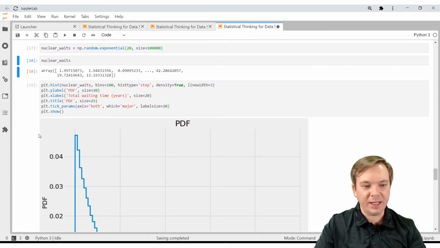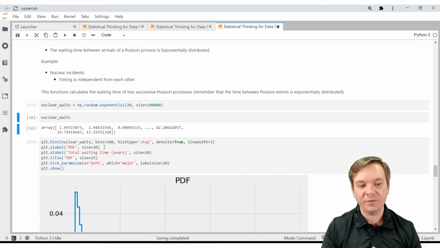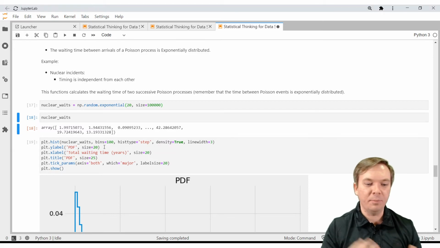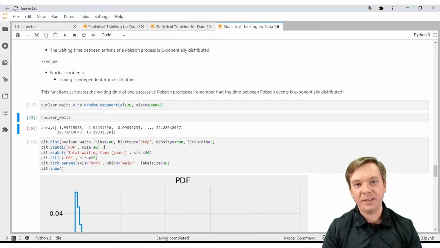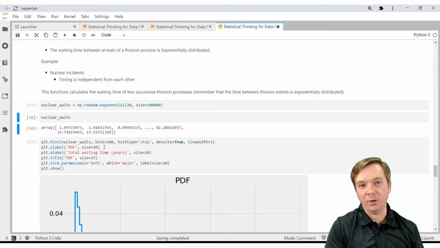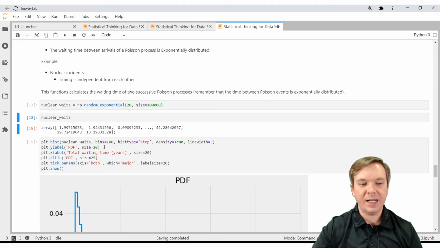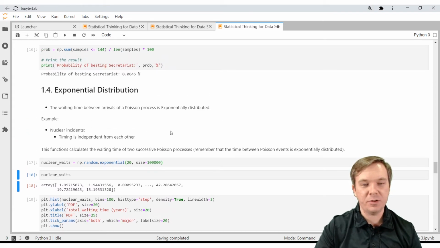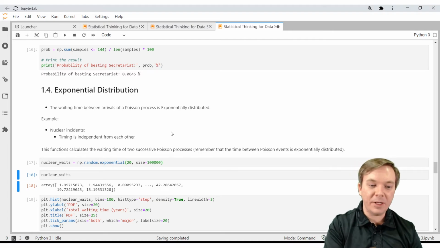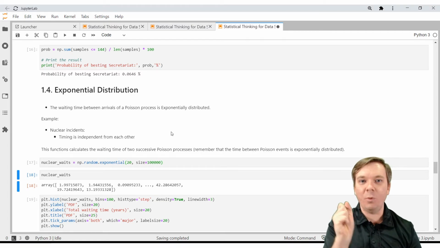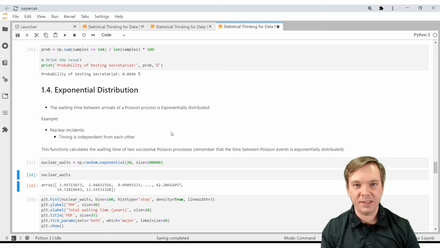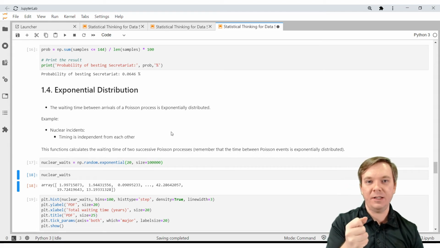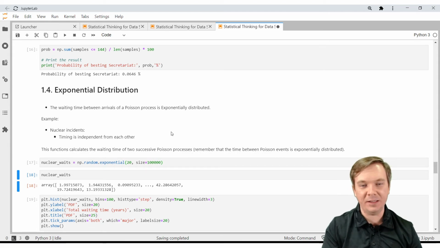You could just count the number of times below or above a certain point and then divide by the total, and that would give you the probability, okay? So that's how you would actually do an exponential distribution and measure it. Now remember, an exponential distribution is the waiting time between Poisson processes, whereas if you're trying to calculate an individual event happening, that's a Poisson distribution, okay?